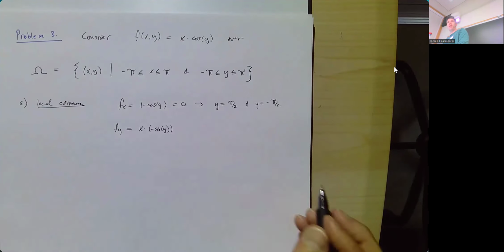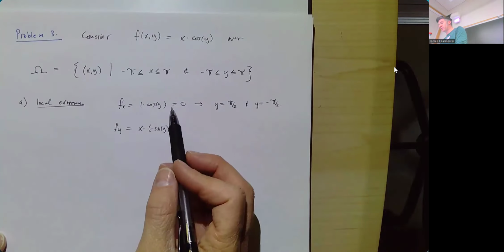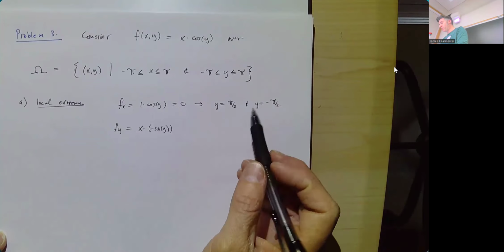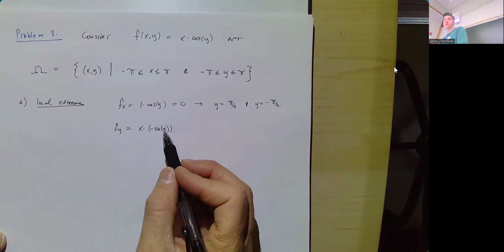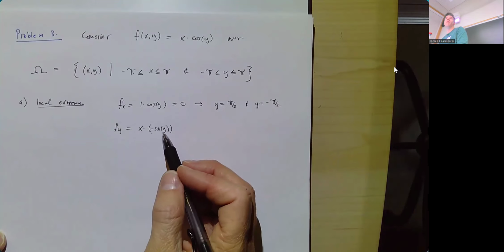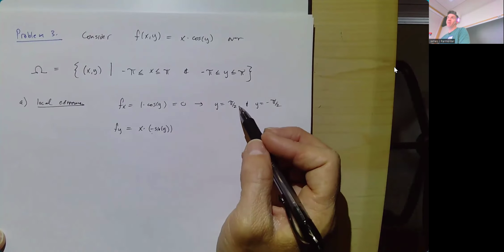Now, I'll point out that the only way that this first equation is equal to 0 is if y is one of these two values. So even though sine of 0 would be 0 and sine of pi would be 0 and sine of negative pi would be 0, that's not helpful because I can't have y be pi and pi over 2 at the same time.